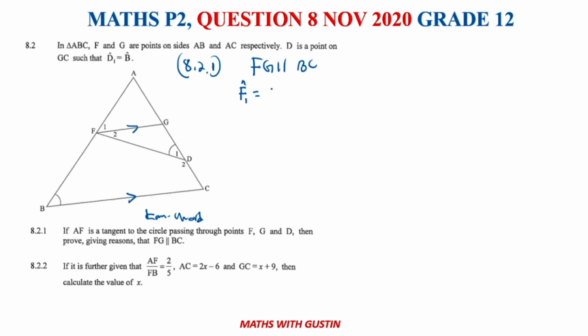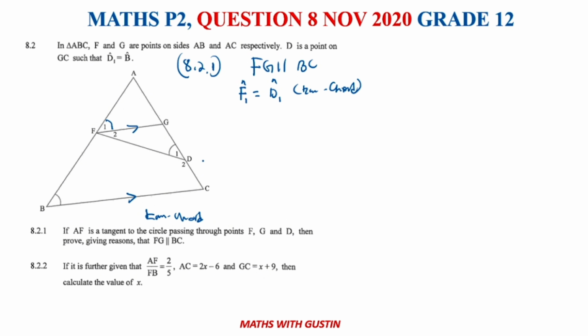F1 is equal to D1. Reason: tan-chord theorem. I did say that we are going to use this tan-chord theorem somewhere because the question asks about the tangent. All right, there you go, tan-chord theorem. So we know that F1 is equal to D1, tan-chord theorem.